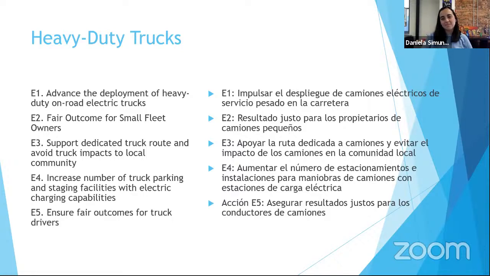No, I was going to ask a question, like if you're going to detour diesel trucks around the port side, what routes would you detour them to? That's one of the strategies, right? To make the trucks go around the port side so they're not emitting in port side. It's supporting the dedicated truck routes to avoid the impact to the local community. So both the city of San Diego and National City have dedicated truck routes for trucks that need to get to the port so that they are not impacting the community as much.